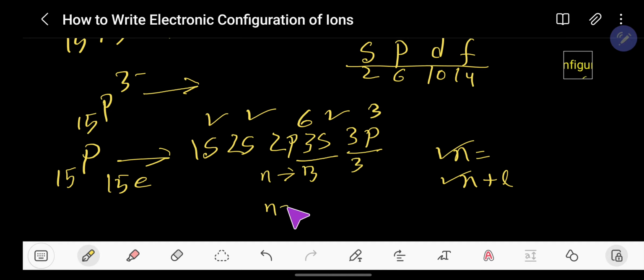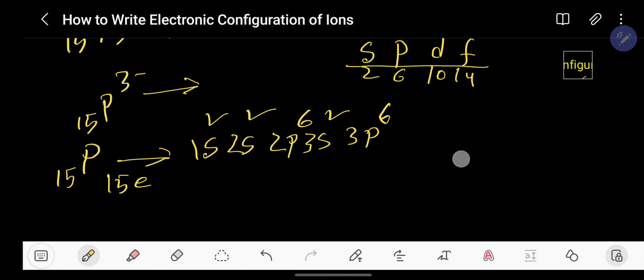So n plus l will be here 3 plus 0, that is 3, and here 3 plus 1, that is 4. So electrons will enter here, and you know that s can hold maximum 2, so it is filled, but p can hold maximum 6, but here we have 3, so 3 more electrons will come here. So this will be 6. Now this is the electron configuration of phosphide ion.